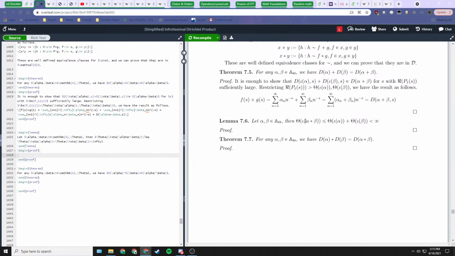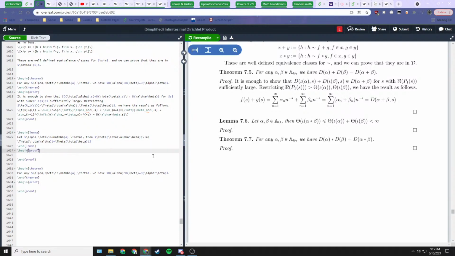Previously we had, if we multiply two sequences pointwise, then we have this inequality. It turns out if we convolve them, we also have this inequality. Actually, we don't even need this less than infinity here. I think it should just be like this.